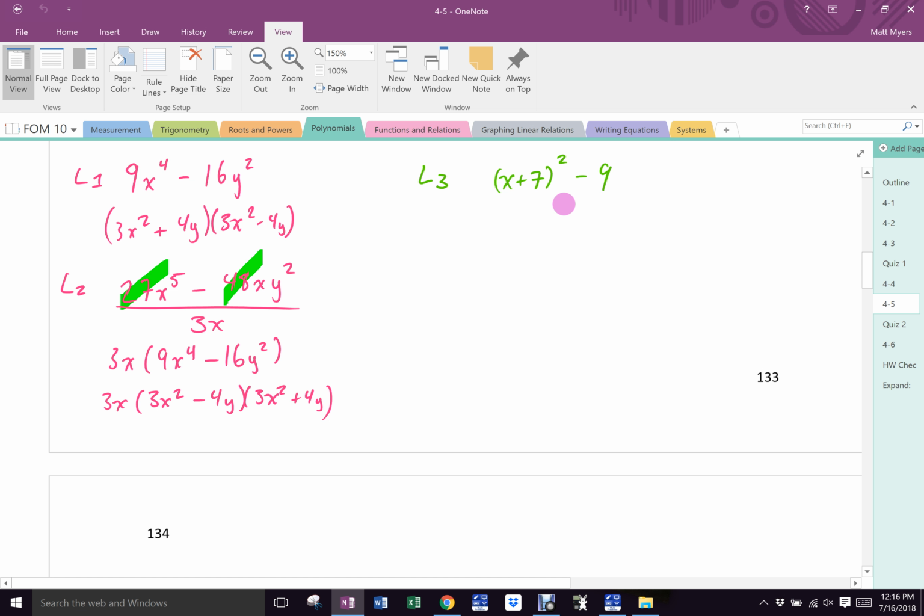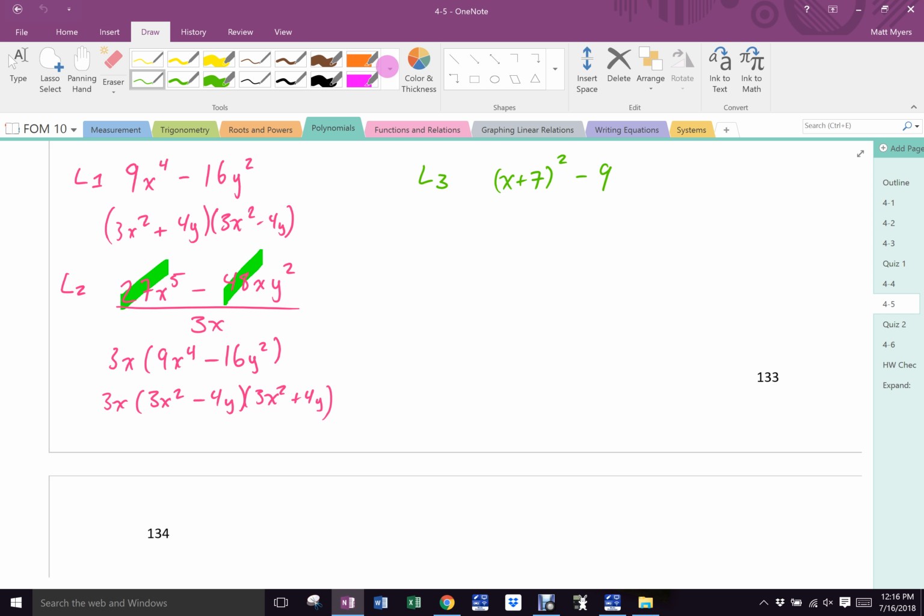There are 2 ways you could do it. There's the way that most people try at first, which will work, but it's a pain. Most people, kids especially, say, I don't like this. So they do this. X plus 7 minus 9.